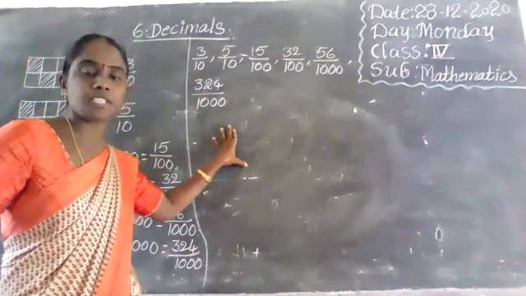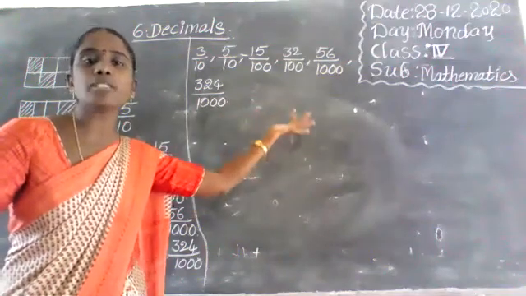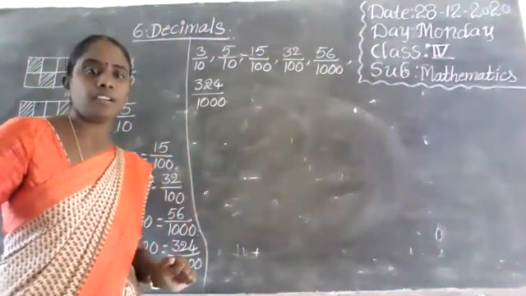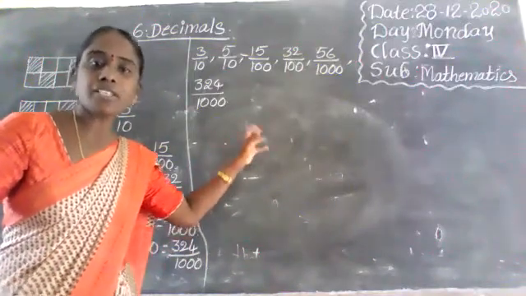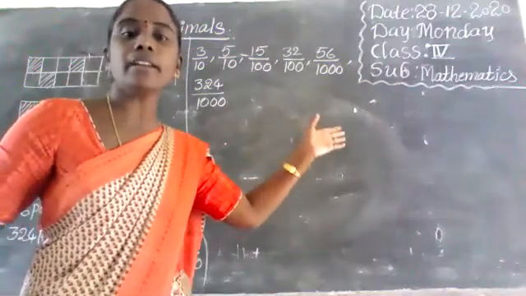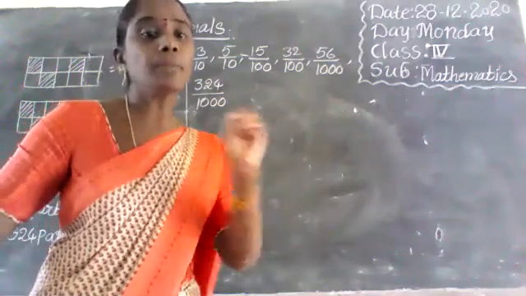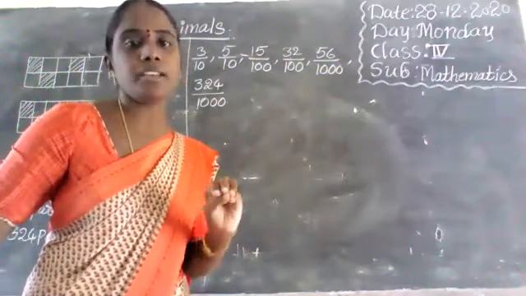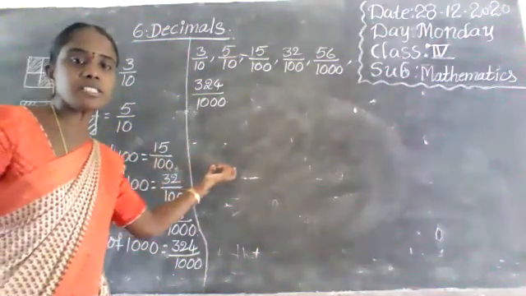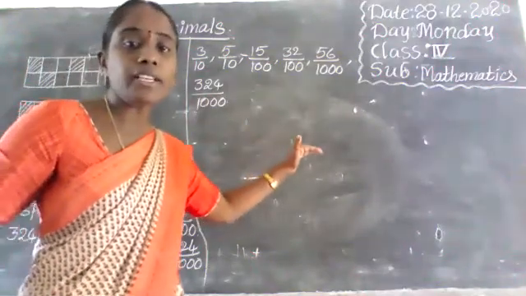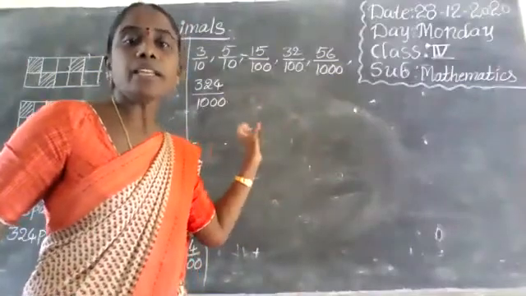Fractions having denominators 10, 100, 1000 are called decimal fractions. Did you understand? Which fractions are decimal fractions? Those with denominators 10, 100, 1000 are called decimal fractions.